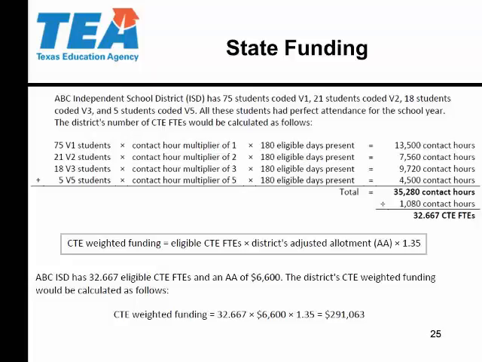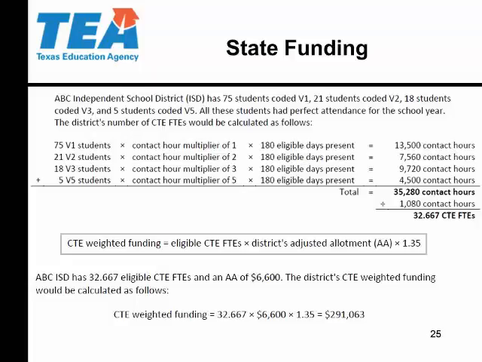Here, then, the calculation is CTE weighted funding: FTEs times your district adjusted allotment. Again, if you have questions on the adjusted allotment, I'll have to get an answer back to you from state funding. It's a really involved formula that's probably on your summary of finance, but we can definitely get you an answer. Times your weighted funding of 1.35.